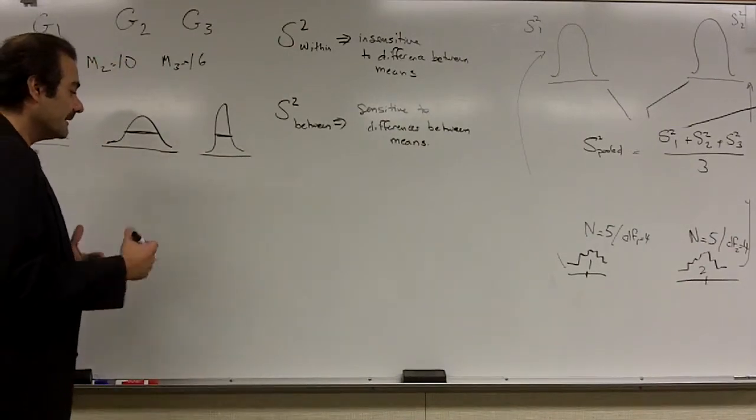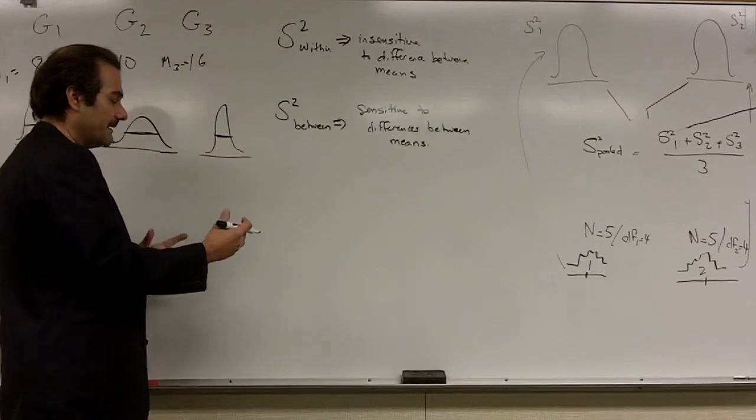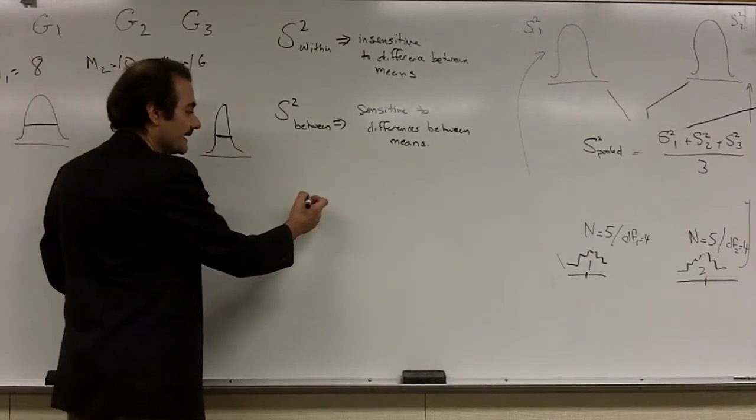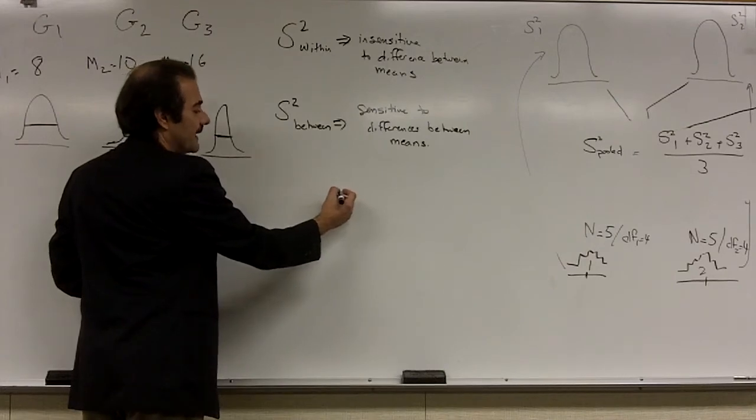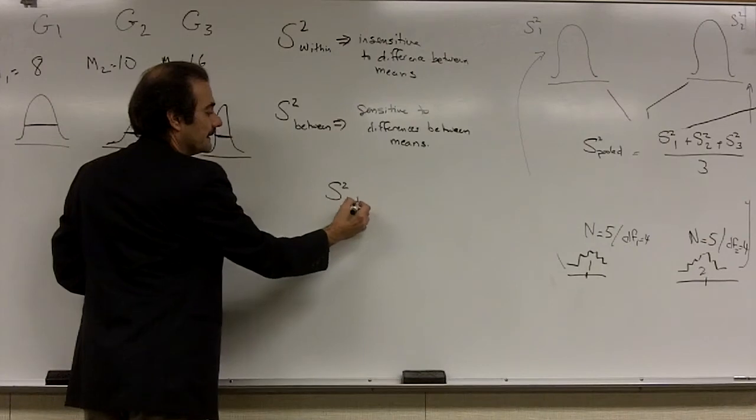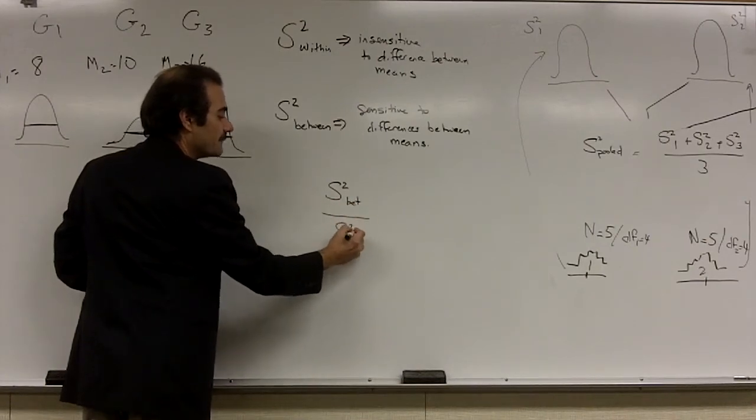Okay, so let me put it in more formulaic ways. He decided, look, I'm going to create a ratio, and this ratio is S squared between divided by S squared within.